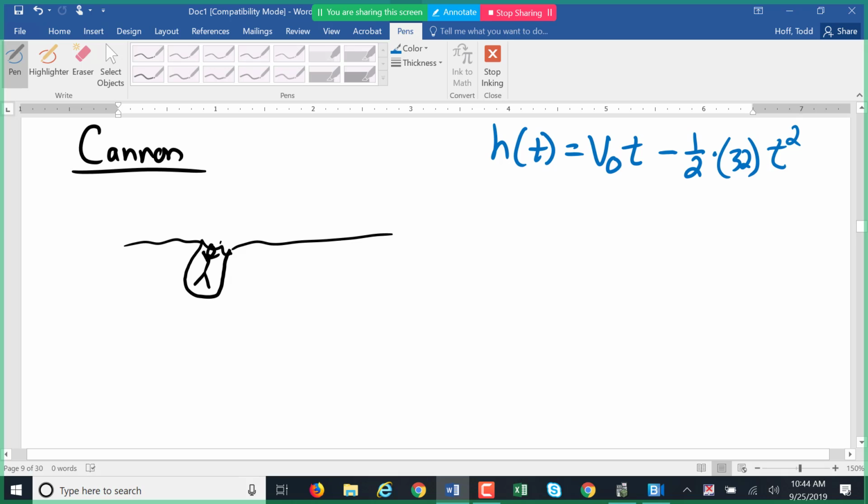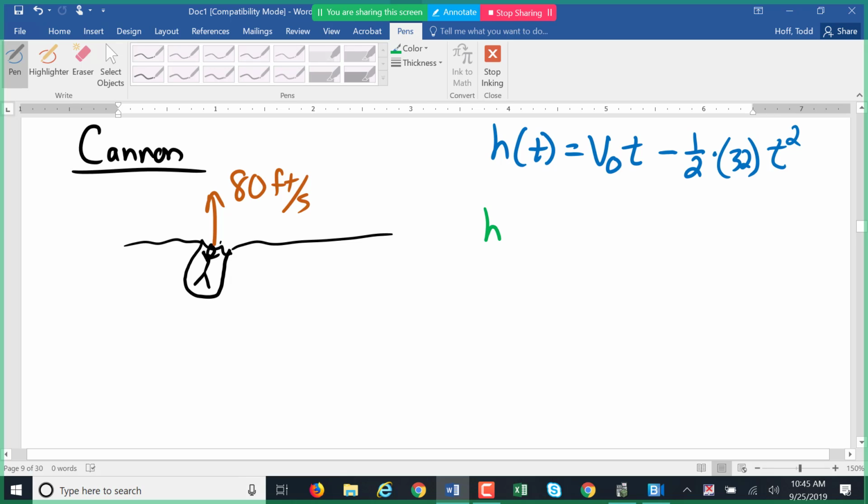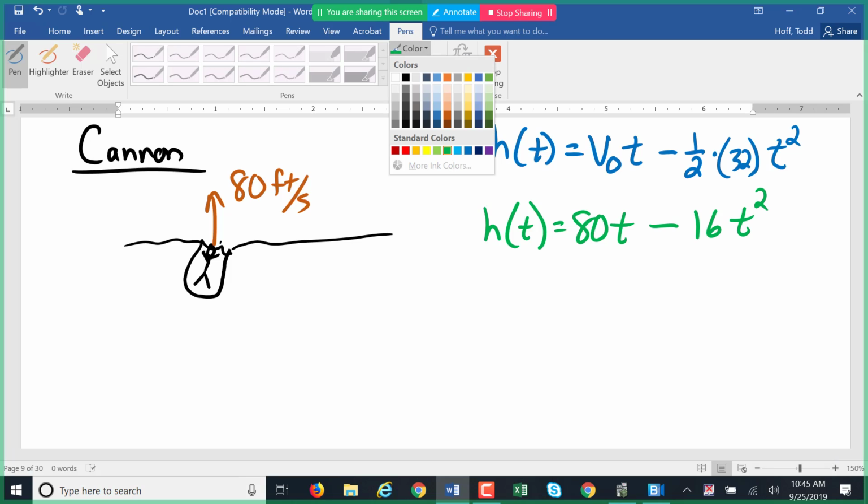So we're going to fire me out of this cannon with a vertical component of my velocity of 80 feet per second. So that makes the equation describing my height, h of t, 80 times t. I'm going to combine the 1/2 times 32 here, so that's minus 16 t squared.